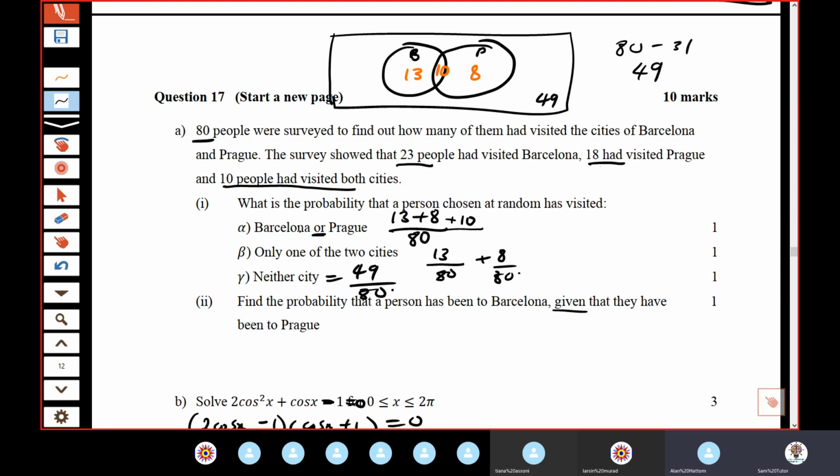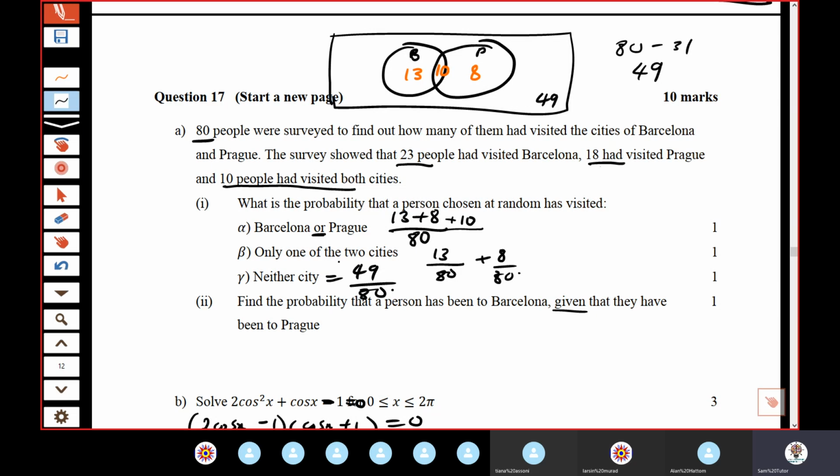What is the probability that a person has visited Barca or Prague? That should be, I guess, Barca, Prague, or Barca and Prague. Because if they've done Barcelona, it's still in there. There's 23 people that visited Barcelona. Yeah, that's a really tricky question.